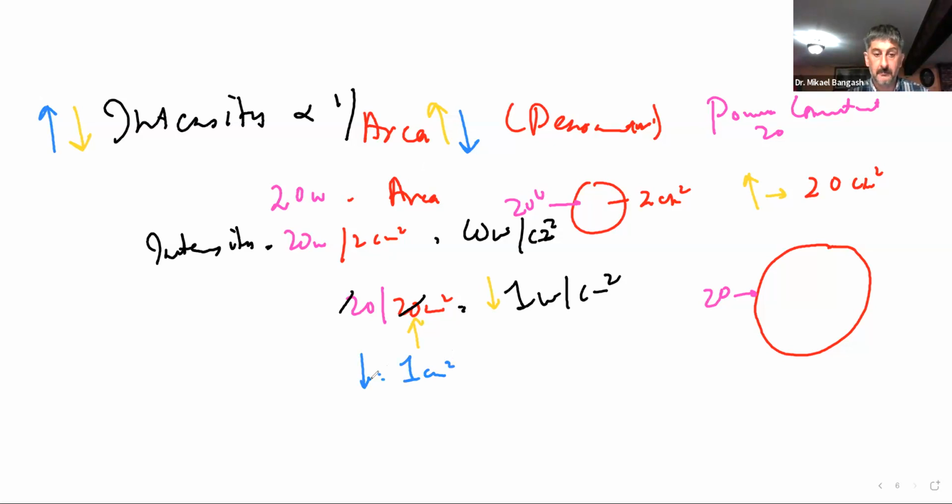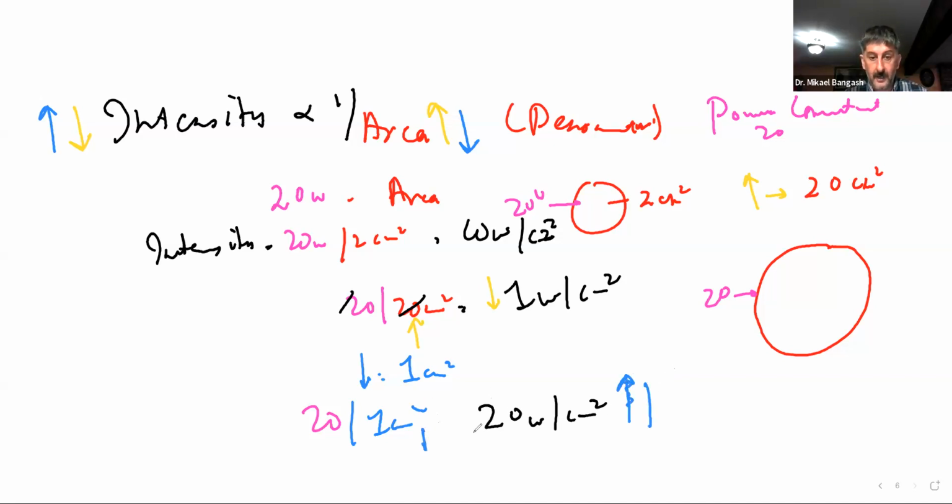Just put that into the formula: the power is 20 watts and the area is going to be 1 centimeter squared. So you end up with an intensity of 20 watts per centimeter squared. As a result of decreasing the area, you end up with a higher intensity.